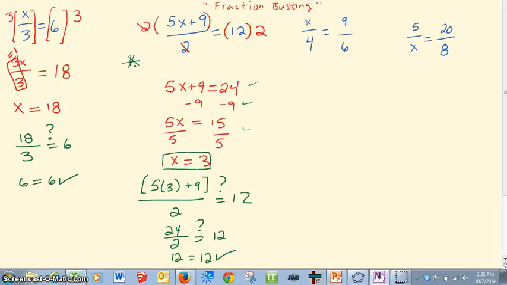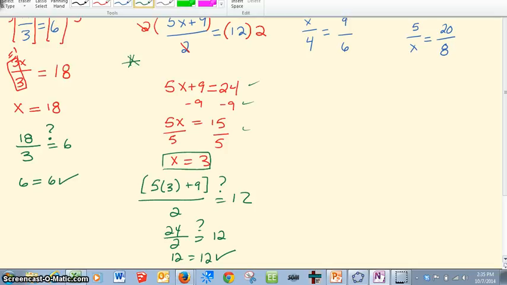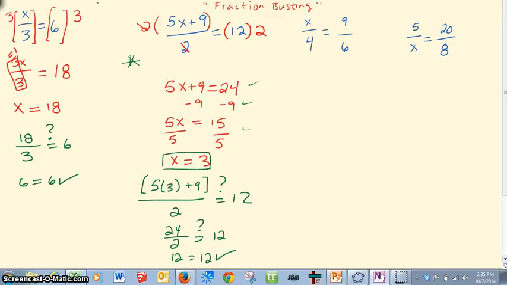exercises. Taking a look at the third one, x over 4 equals 9/6. I need a value that will cancel both 4 and 6. So one possibility is I could simply multiply by both 4 and 6, or I could consider multiples of 4 that are also multiples of 6.